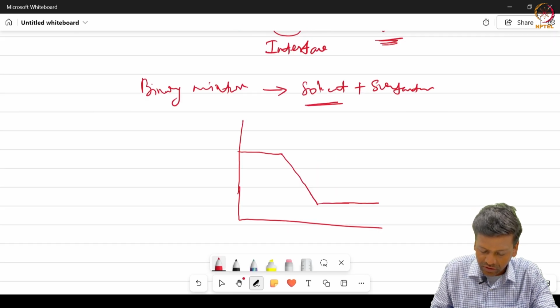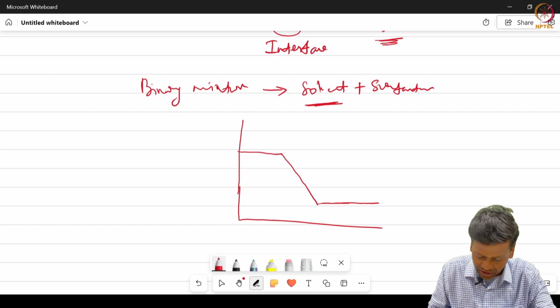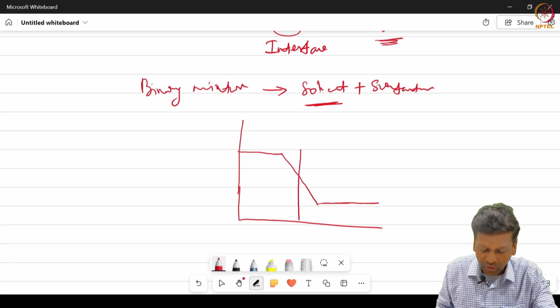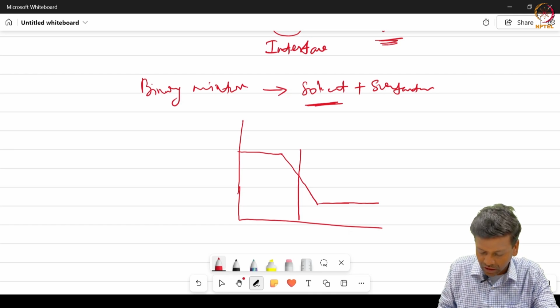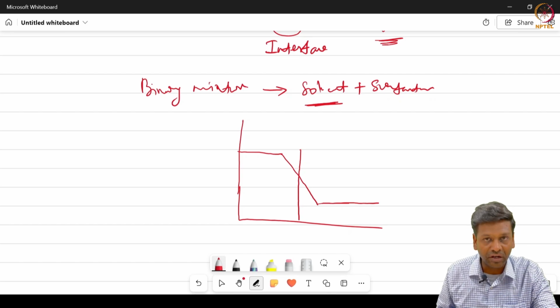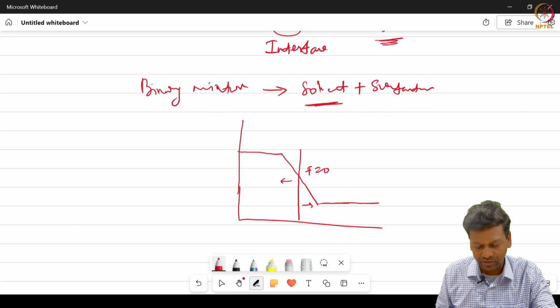In this case you can choose the surface axis such that when you divide this into two equal parts, exactly at this point gamma equals 0, because when you measure this side and this side, there will be an equal number of surface excess. So at this point my interface exists. So I can say that surface excess is 0.